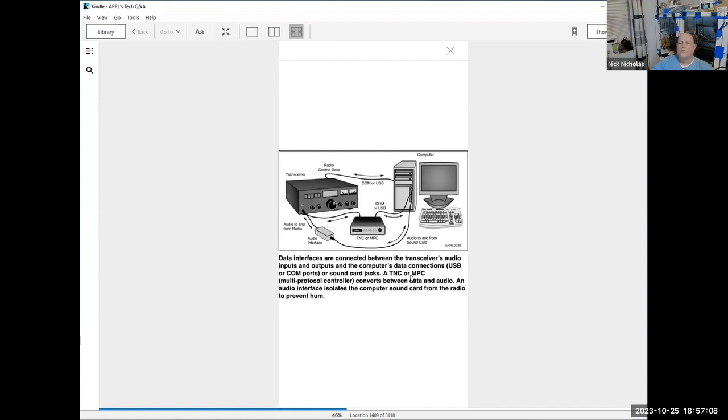You can buy inexpensive interfaces for FT8, for packet, etc., or you can buy really complex and cool ones. It's a budget matter. The more modes you want to operate, how you want to set up things, that's things you'll decide as you go along.